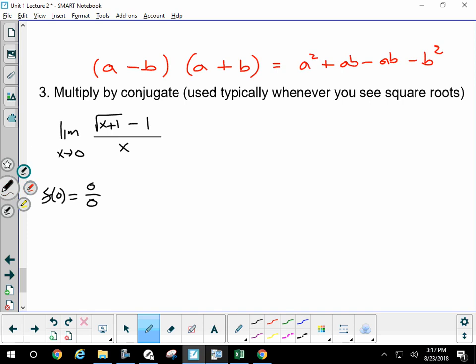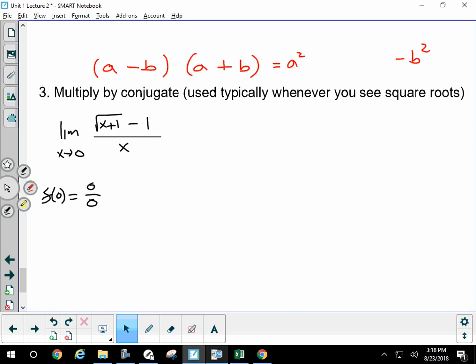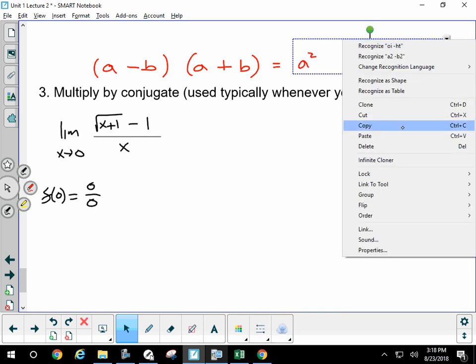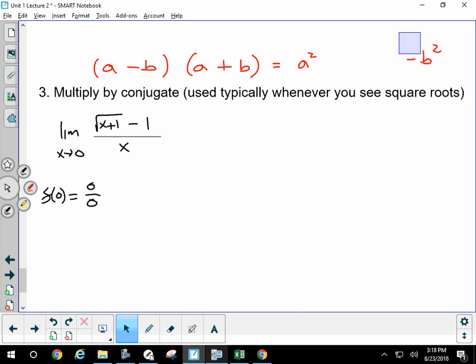And the ab's will cancel, giving you just a squared minus b squared. Which is helpful if squaring something simplifies it. And when I square a square root, the square root goes away.